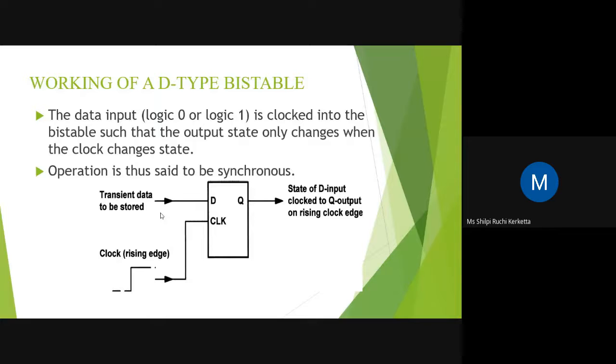So how does this D bistable work? Data inputs of logic 0 and logic 1 are clocked into the bistable such that the output state only changes when the clock changes state. From bistables we are studying that the output won't change unless we change the clock.